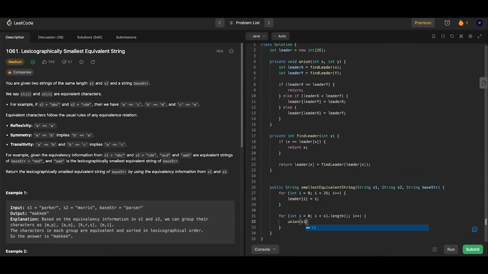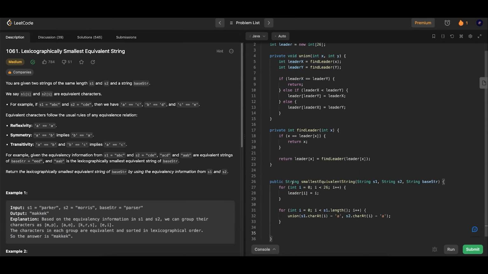So s1 dot character at i, and we have to pass integers, so we subtract a, and s2 dot character at i, do the same thing here as well. Now we perform union operation on all the similar characters and have formed the components. Next thing is we have to find the lexicographically smallest string similar to the base string.